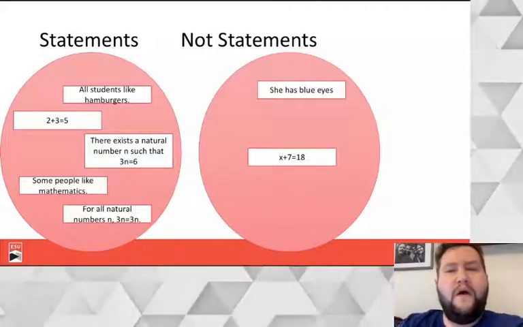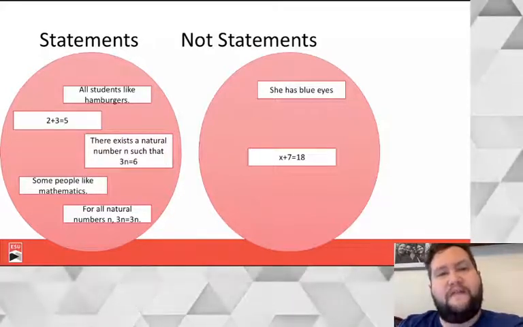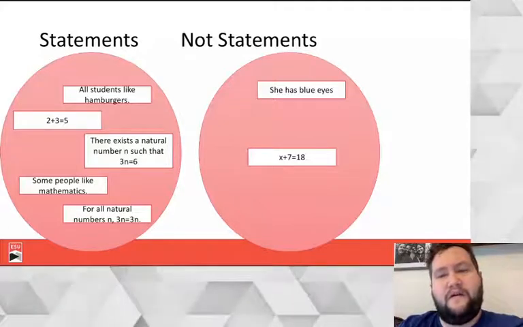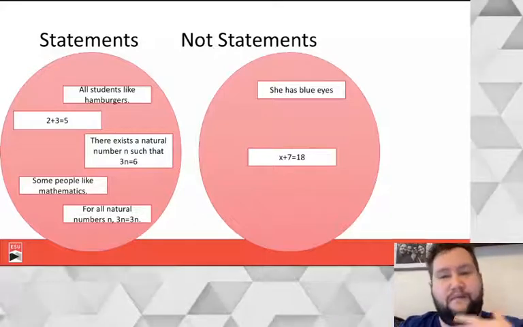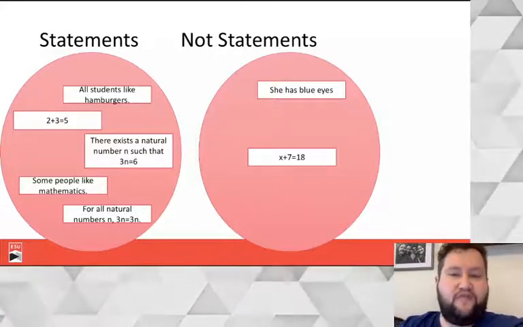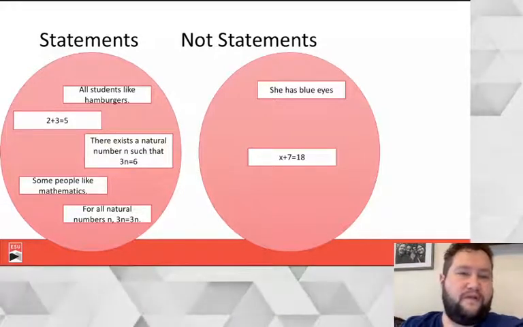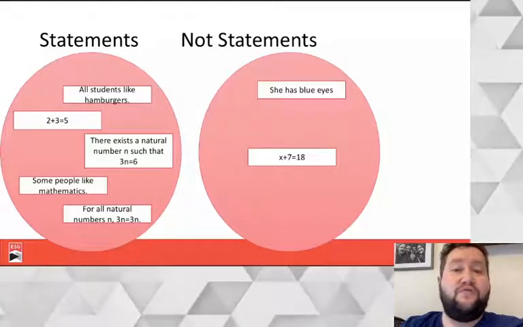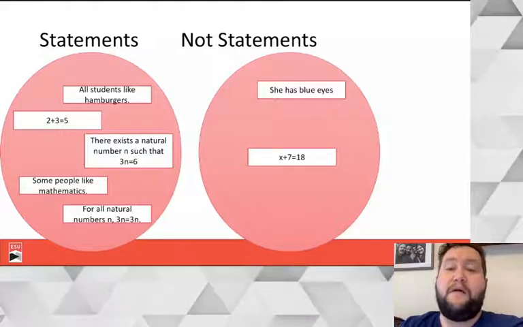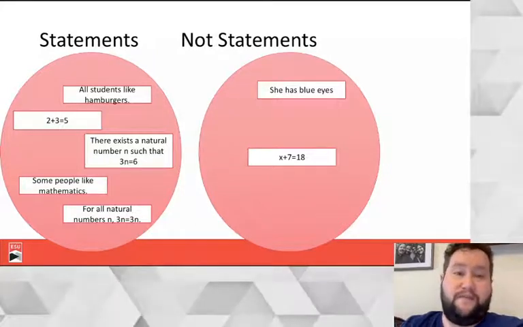And so what it turns out is that statements are essentially, or they're like sentences, but they're something that either has a truth or a false. So if we look at a statement, it has a value that's true or false, but not both or neither.